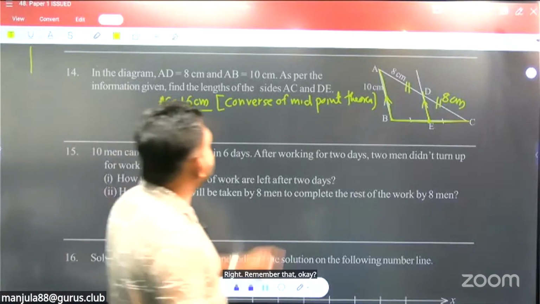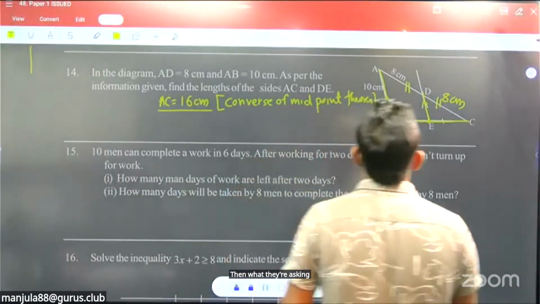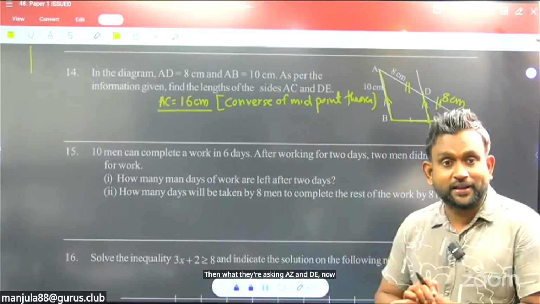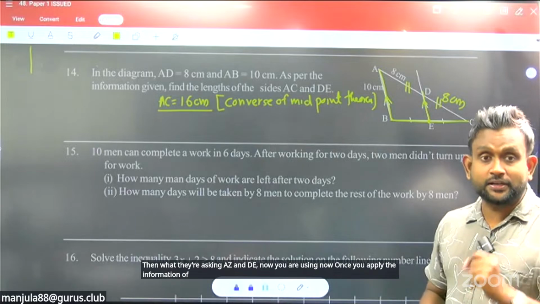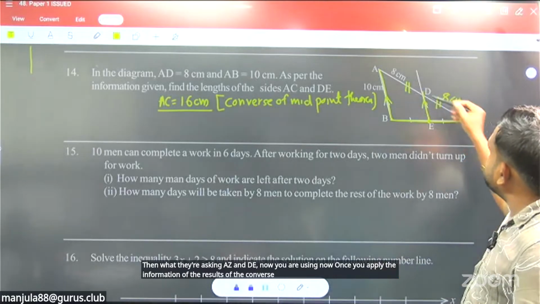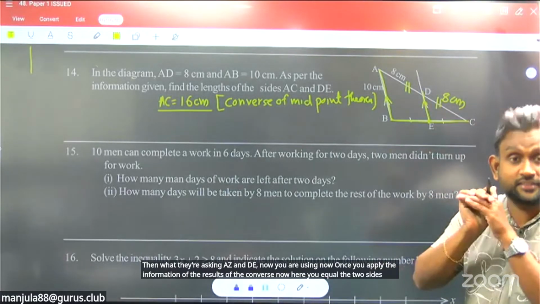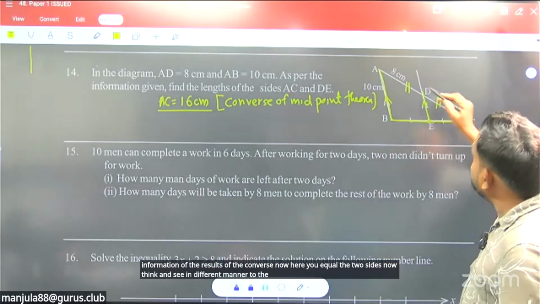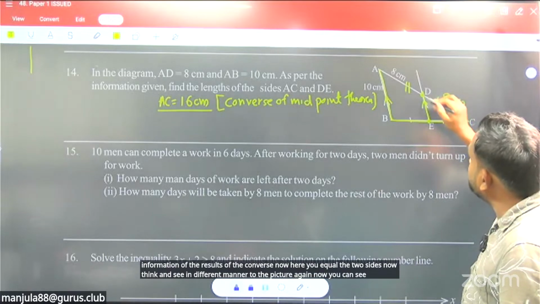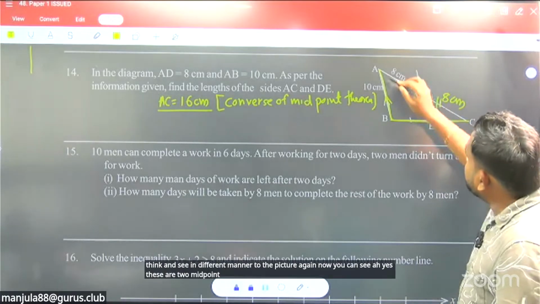Then they are asking for AC and DE. Once you apply the information from the results of the converse, now here you equal the two sides. Now think and look at the picture in a different manner. Now you can see these are two midpoints, and this line is connected.